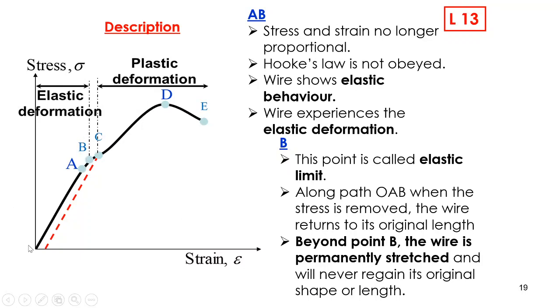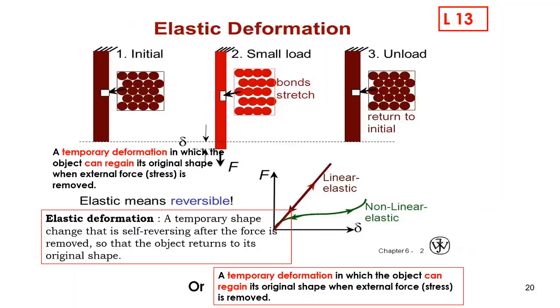Along this path, OAB, when the stress that we apply to the wire is removed, the wire will spring back to its original length. But when you apply stress beyond point B, the wire will be permanently stretched and it will never regain its original shape or length.